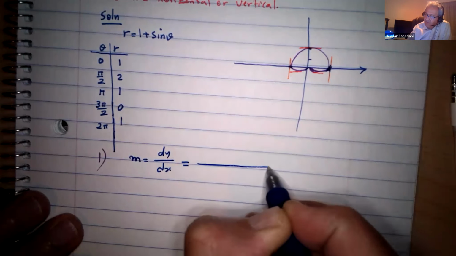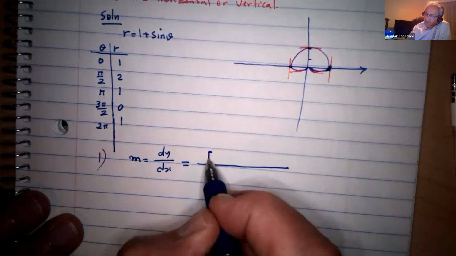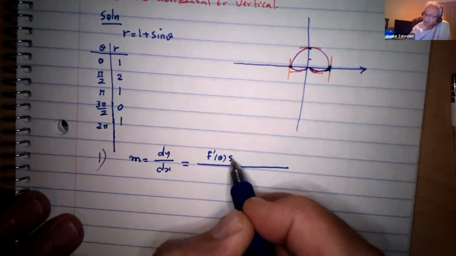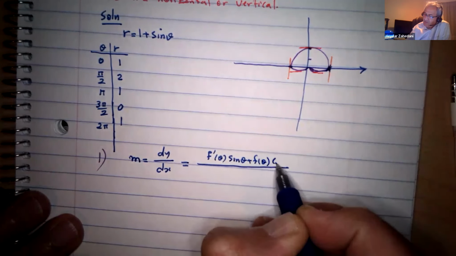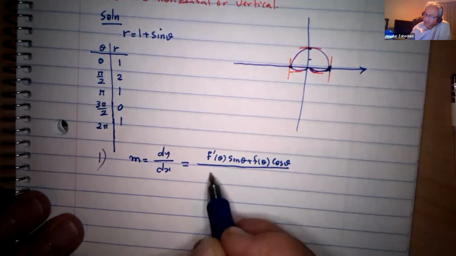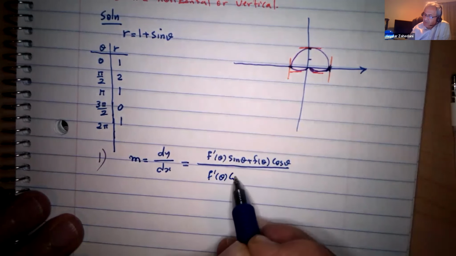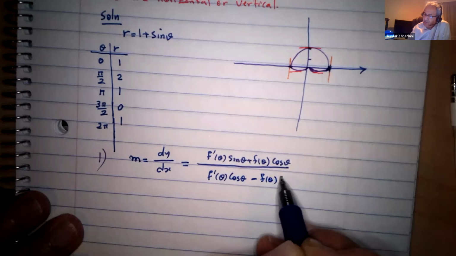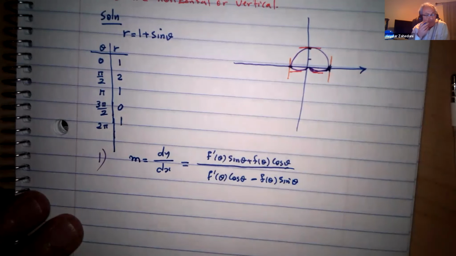Okay, so the formula is this: f prime of theta sine of theta plus f of theta cosine of theta. The bottom one is the same here, but you change the sine into the cosine, and it's going to be negative f of theta times the sine of theta. It's very easy to remember this formula.